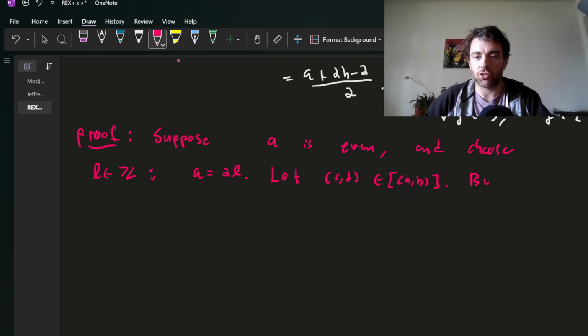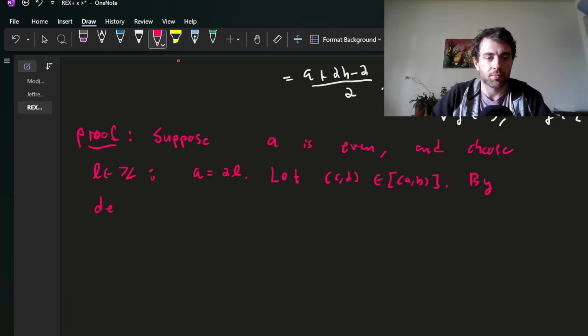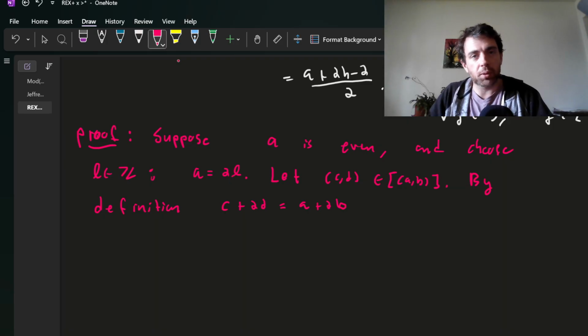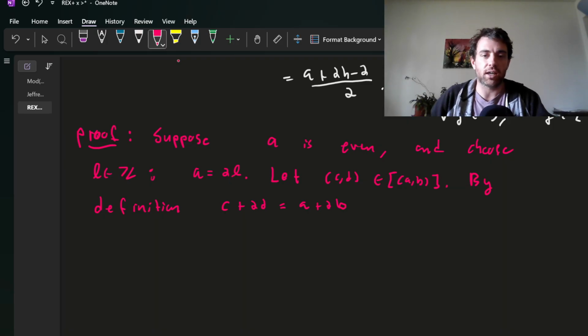So by definition, C plus 2D is equal to A plus 2B. And probably we're going to have to make use of the fact that A is even. So I'm going to right away include in here that this is 2L plus 2B, right? Just by the replacement above.